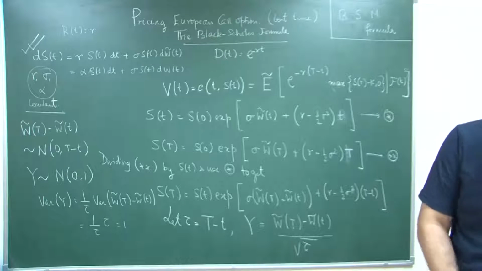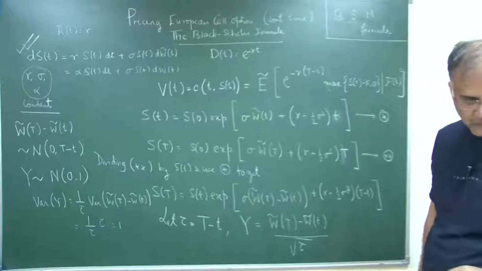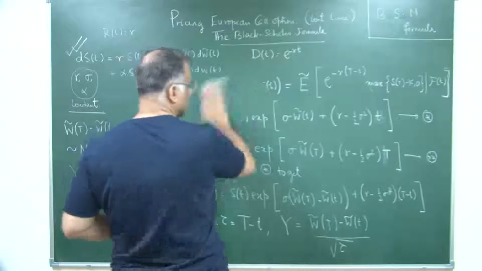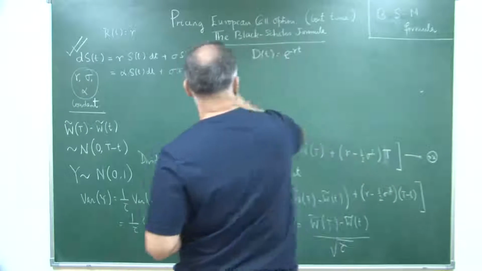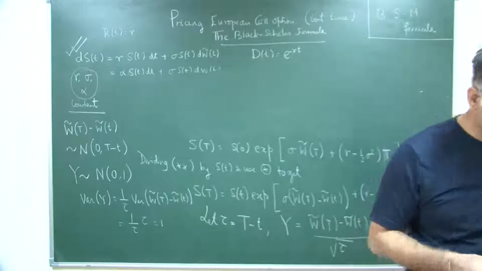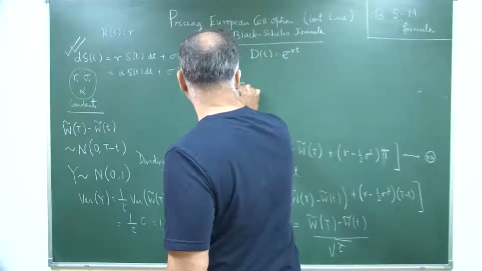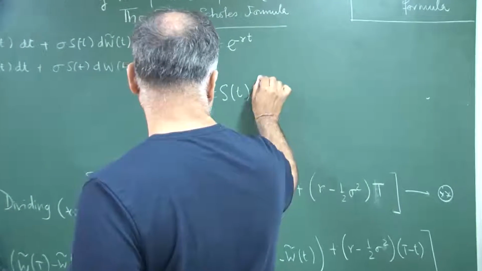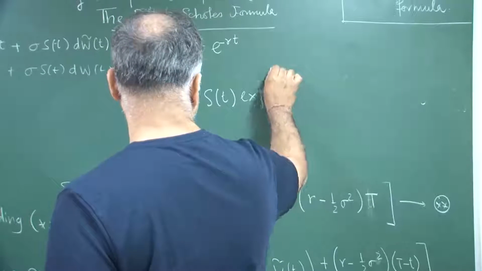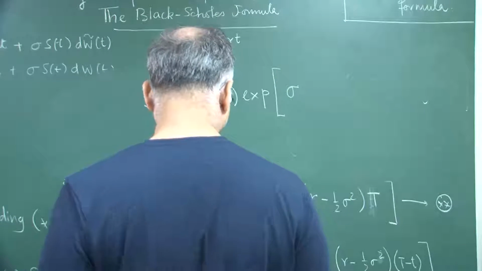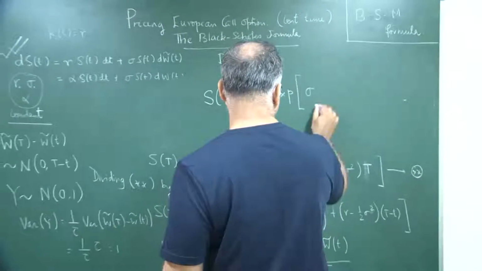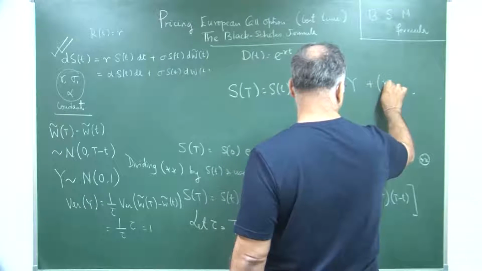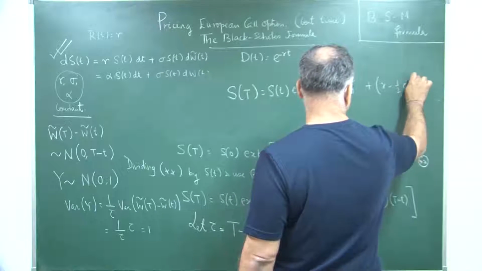Okay. So, which means we can now write down S T. S T can be written as S of small t times exponential of sigma root tau Y plus r minus half sigma square tau.